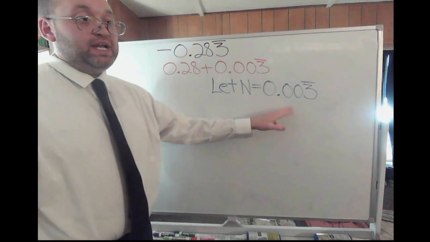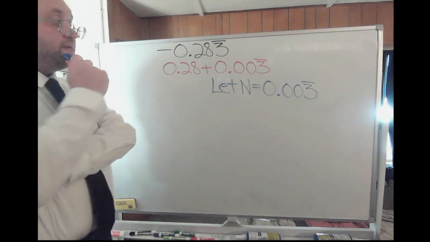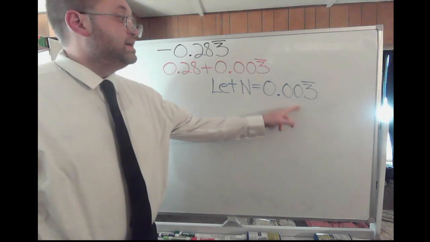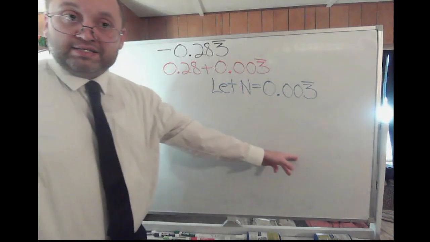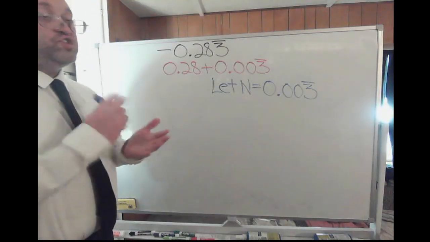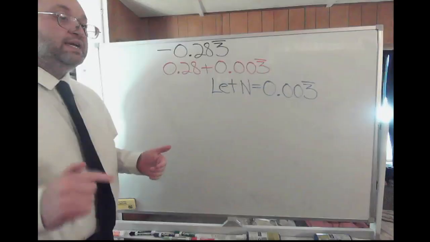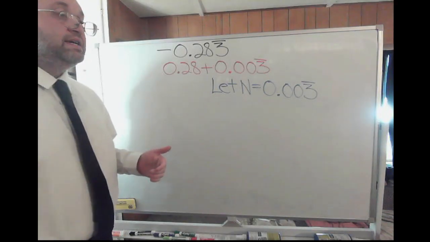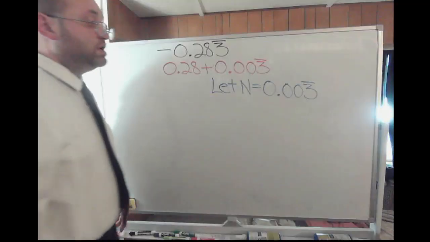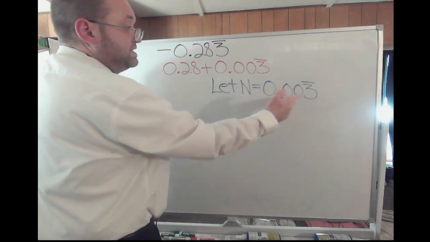We've established an n. Here's the problem. We still have 2 numbers that don't repeat and the third number that does. Well, what do we do then? In general practice, it is absolutely best that the repeating number is immediately after the decimal, which right now is 3 places after the decimal.